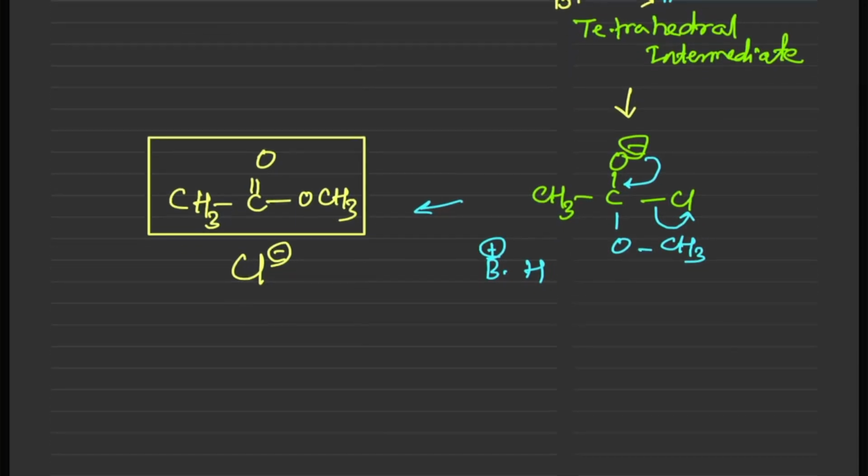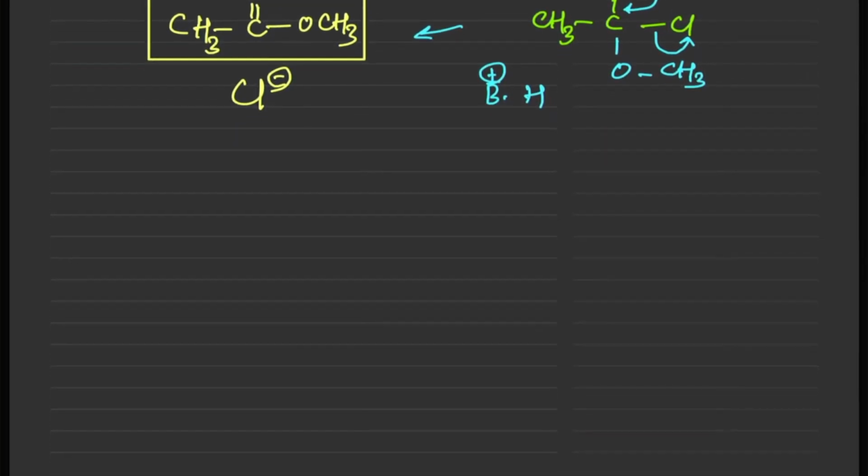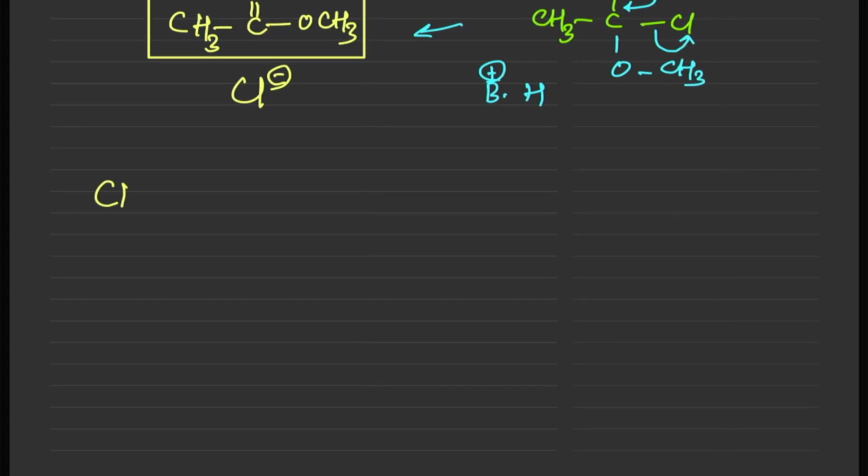We could do the same thing here if we react this with ammonia. Nitrogen has a lone pair, and this is called aminolysis. Ammonia, or you can do an amine reaction.